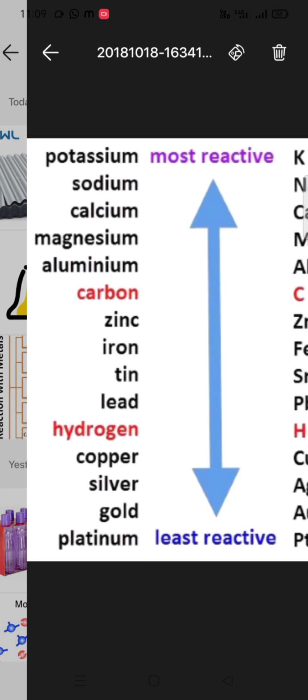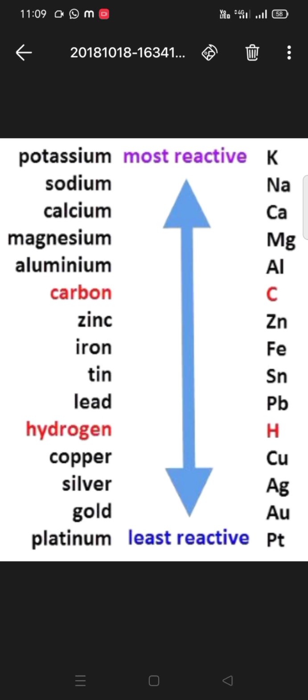Out of those 118 elements, many of the elements are metals. That day I showed you the coloration, like the red color, many of the elements are metals. Then you will find some elements are non-metals, and at the last one, they are the laziest ones, they don't want to do anything, that is no reaction.